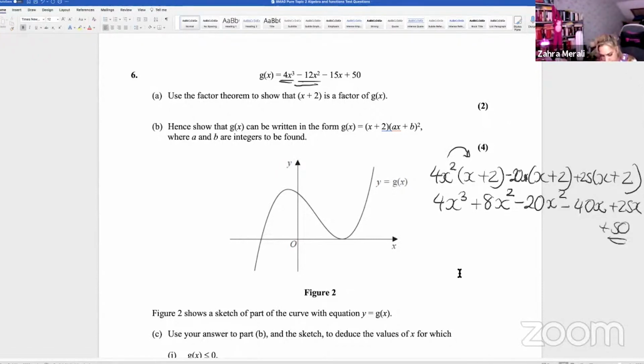I know I've done it right because it all balances out. And I'm left with x plus 2, and then whatever's here: 4x squared minus 20x plus 25. Yeah, that's right.